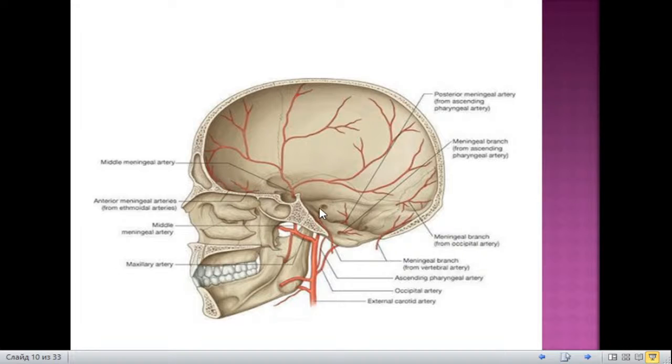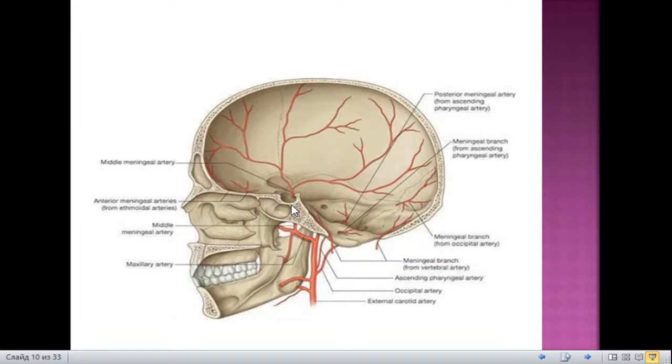After that, the biggest meningeal artery, it is here in the center. Biggest artery. It is the middle meningeal artery. Middle meningeal artery is the branch of the maxillary artery.